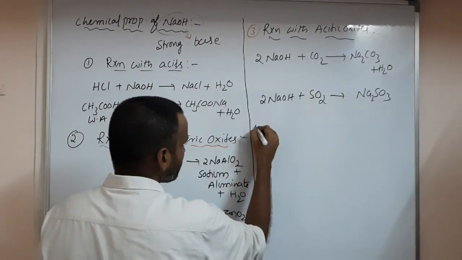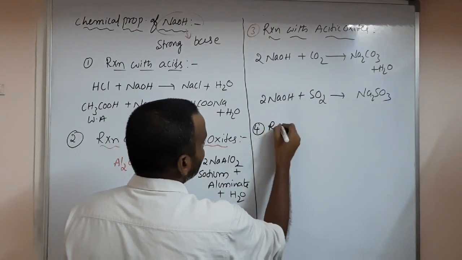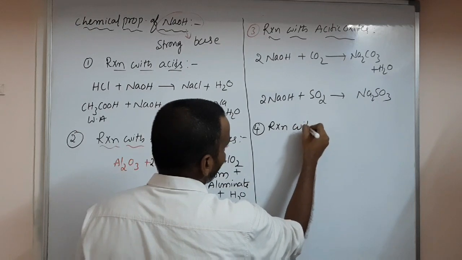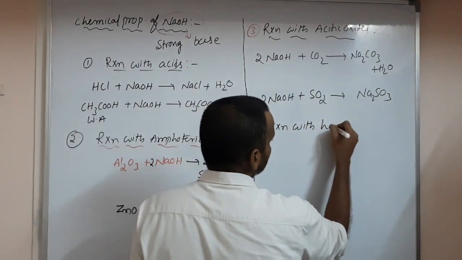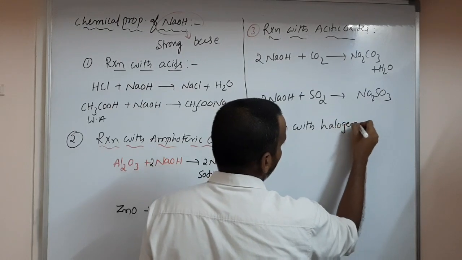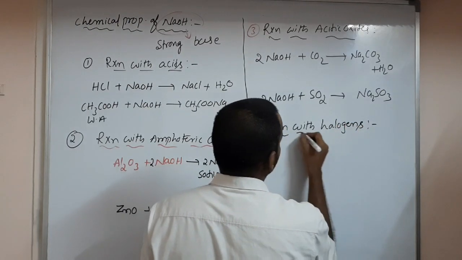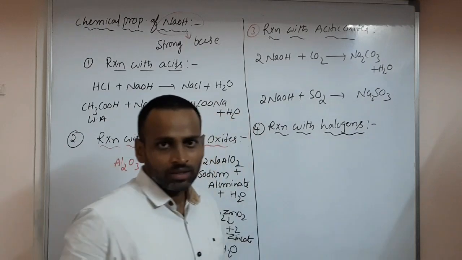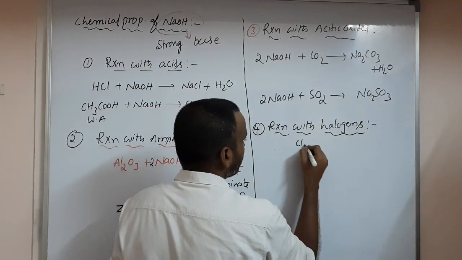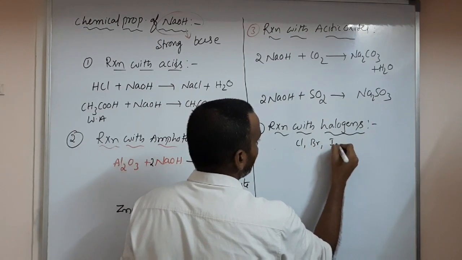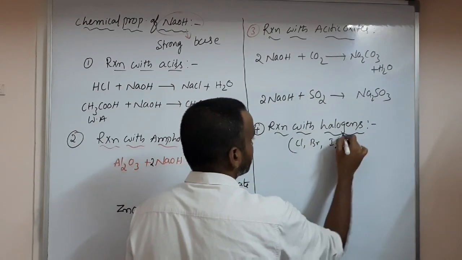Next, the fourth one is reaction with the halogens. This is important. Sodium hydroxide with chlorine, bromine, iodine gives the same kind of reaction.